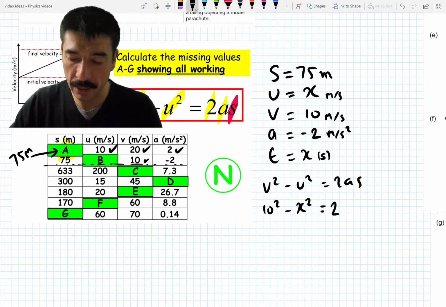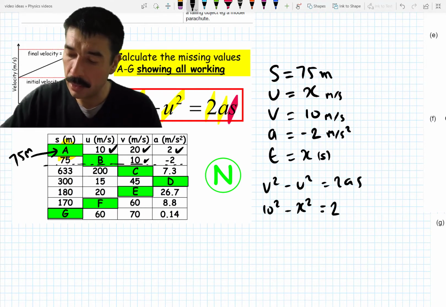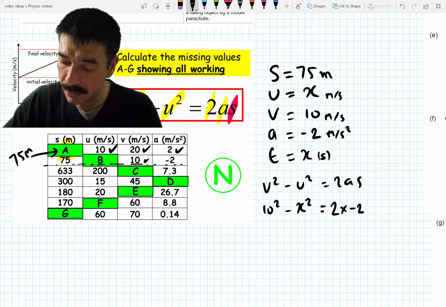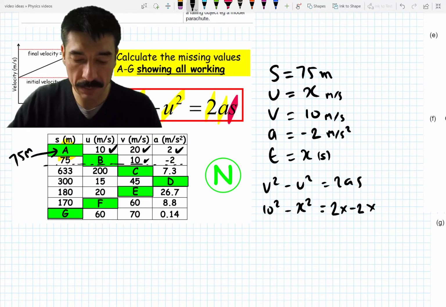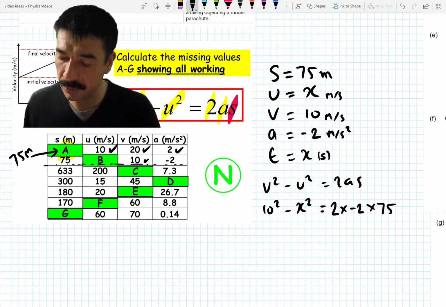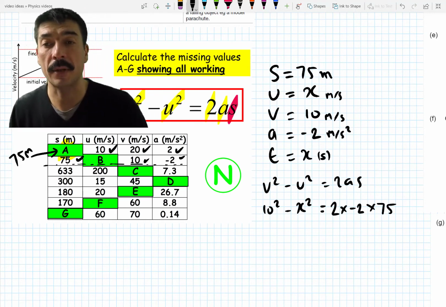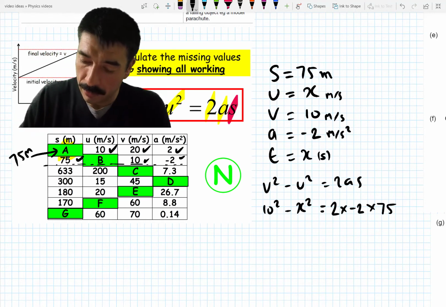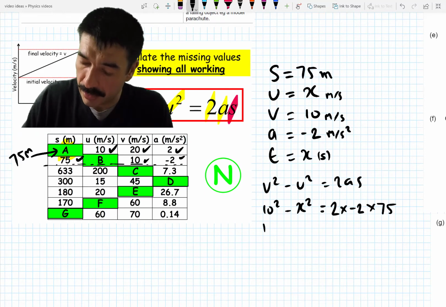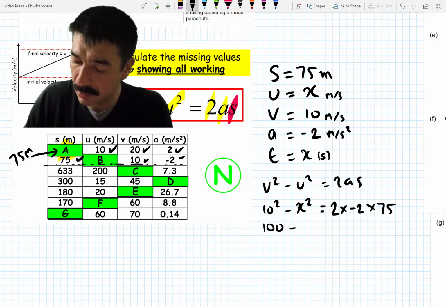So 2, yes, I know it's 2 because that's already in the equation. Acceleration times -2 times the displacement, which is 75. So all these values have just come straight out of this table, or they'd have come straight out of the question you're solving. Right, 10 squared is 100 minus x squared, the thing I'm looking for.